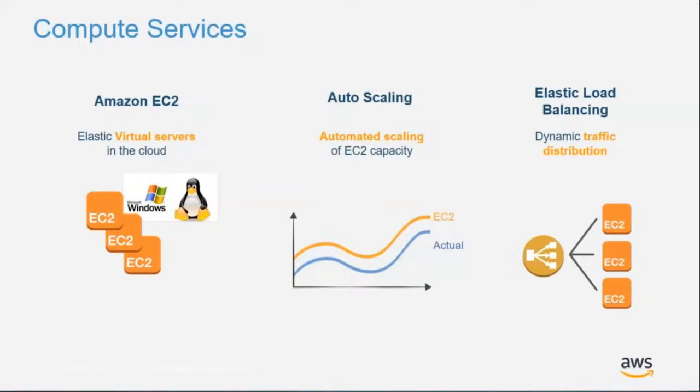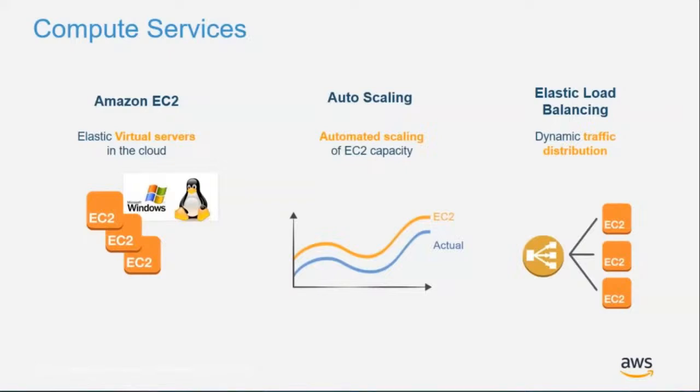The third key component is the load balancer. Load balancers allow for the dynamic distribution of traffic across your multiple servers. Load balancers also play an important function in managing how much your infrastructure can scale out and scale in, and they allow you to do a number of other things.